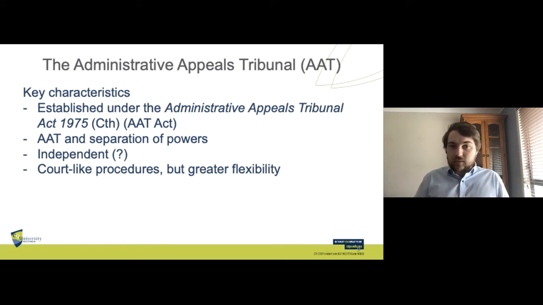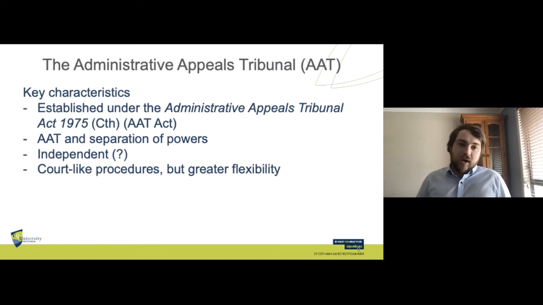There are still very formalized rules of evidence, although there is flexibility to not have to follow all the usual rules of evidence. So the AAT itself is very court-like, but it's not a court. And that's really relevant because it allows the AAT to undergo merits review and hear merits review cases.